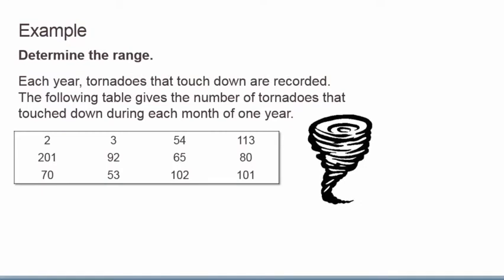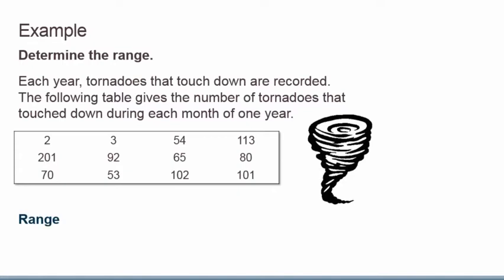Example, determine the range. Each year, tornadoes that touch down are recorded. The following table gives the number of tornadoes that touch down during each month of 1 year. Our data set contains 2, 201, 70, 3, 92, 53, 54, 65, 102, 113, 80, 101.